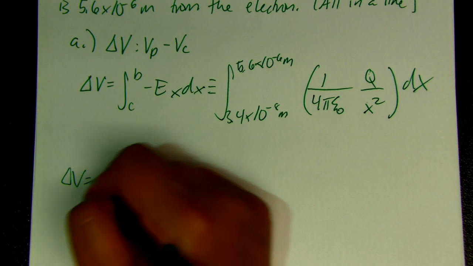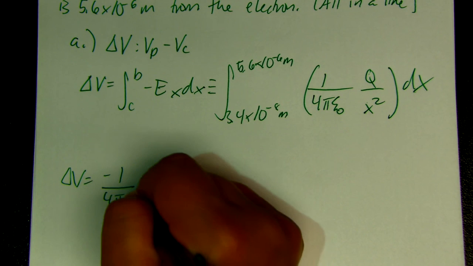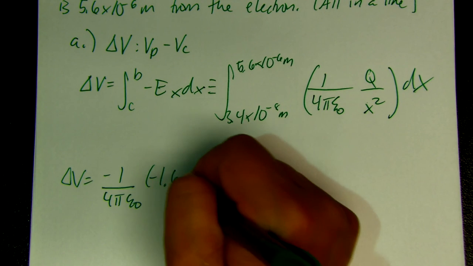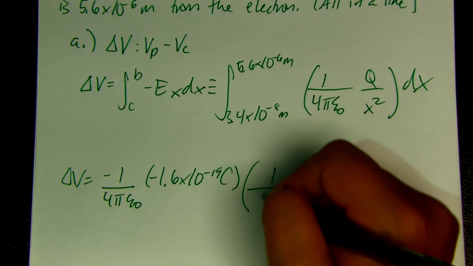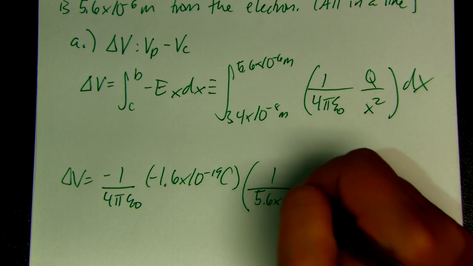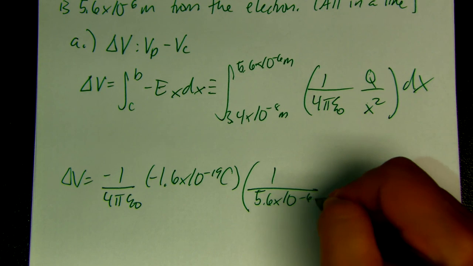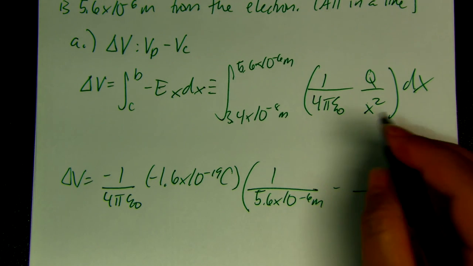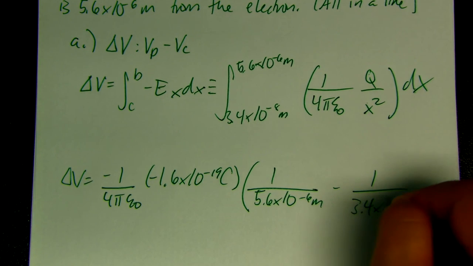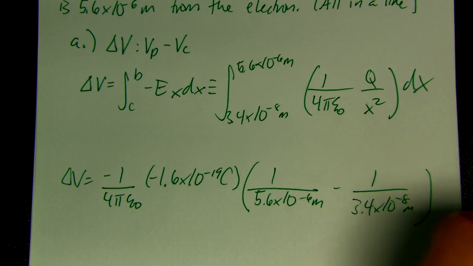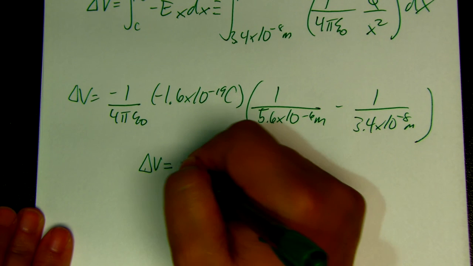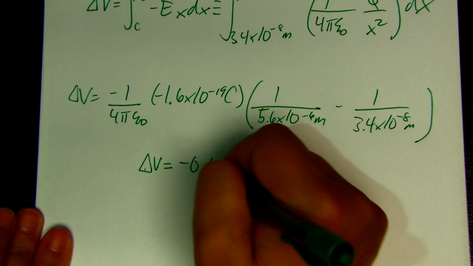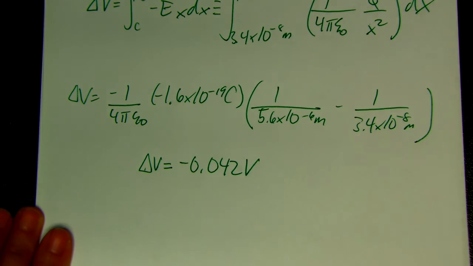Delta V is equal to minus 1 over 4 pi epsilon naught times minus 1.6 times 10 to the minus 19 coulombs times 1 over 5.6 times 10 to the minus 6 meters minus 1 over 3.4 times 10 to the minus 8 meters. Delta V is equal to minus 0.042 volts.